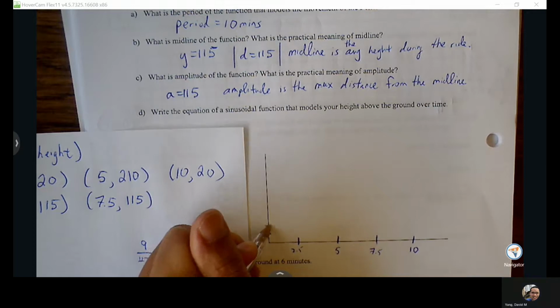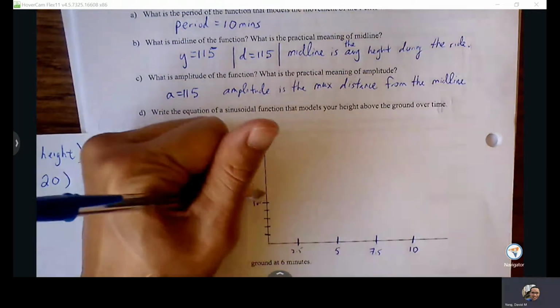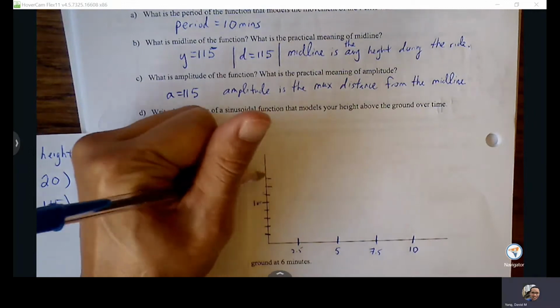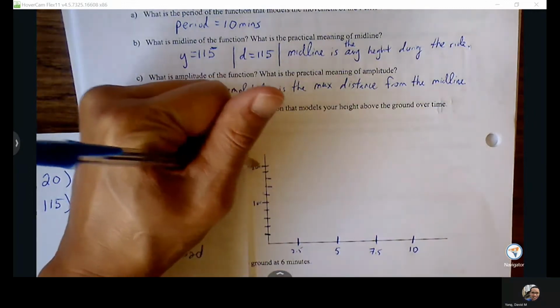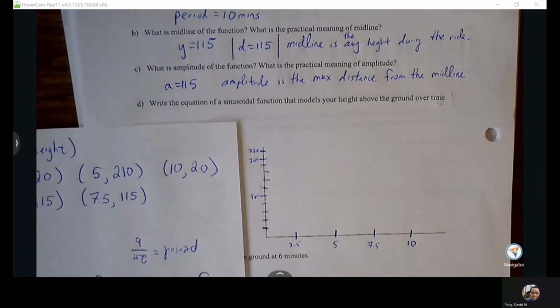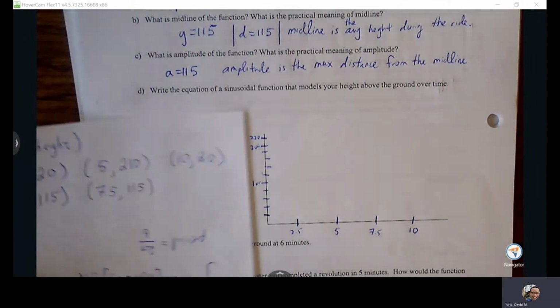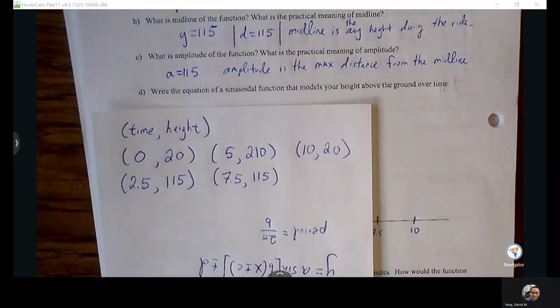How about that? Okay, so just try your best to plot these ordered pairs that we gathered. Once you have the picture in front of you, we'll have an easier time deciding whether this is a better fit for a cosine or a sine function.